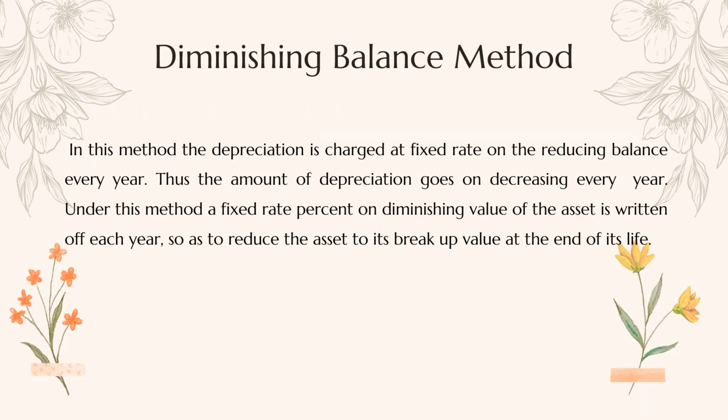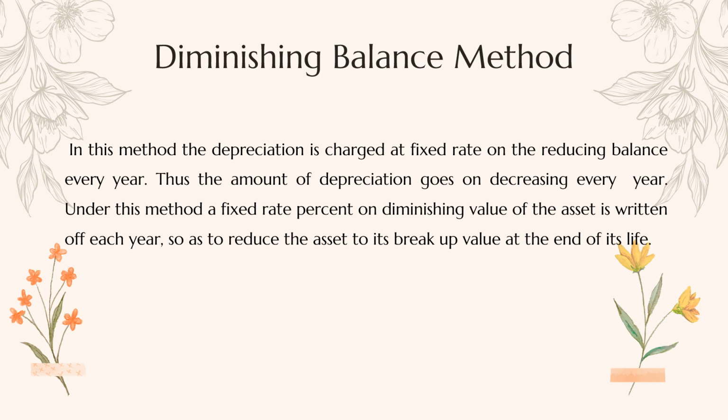Diminishing balance method. In this method, the depreciation is charged at a fixed rate on the reducing balance every year. Thus, the amount of depreciation goes on decreasing every year. So, each year we will be having a certain percentage of depreciation where that percent is to be calculated on the reducing value. For example, first year the value was 10,000 rupees.